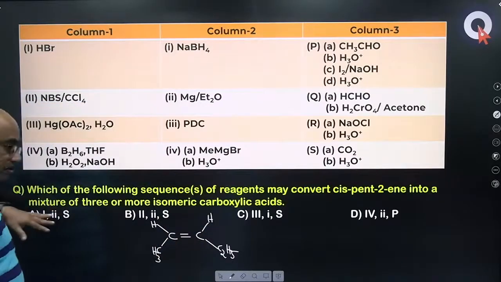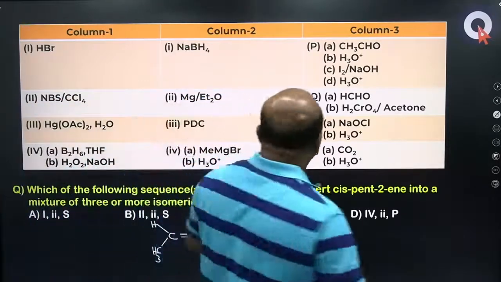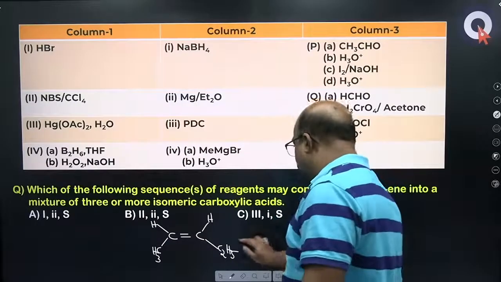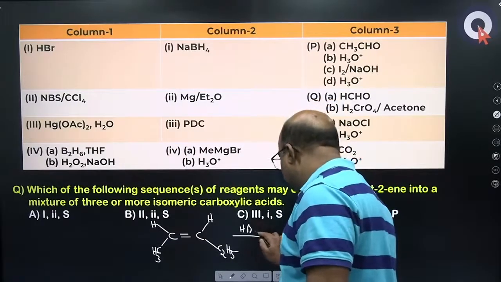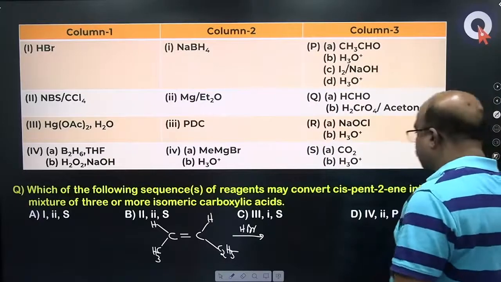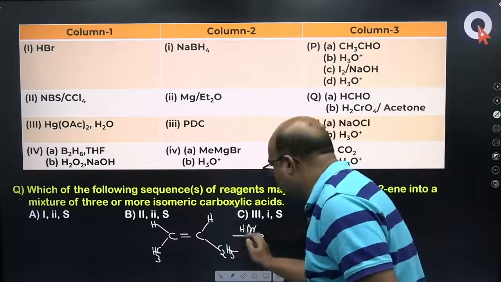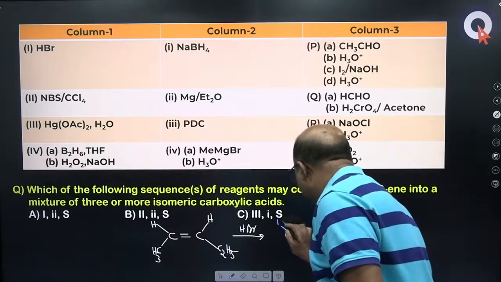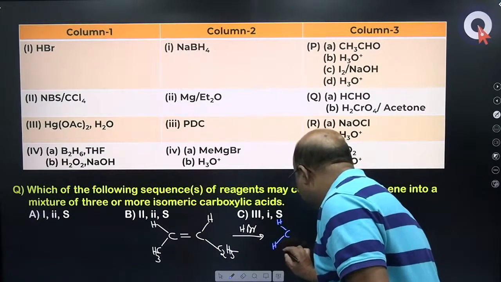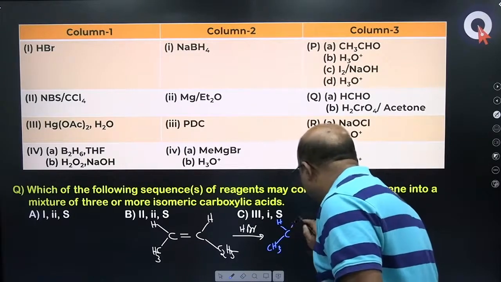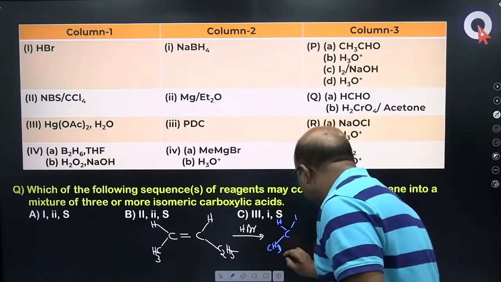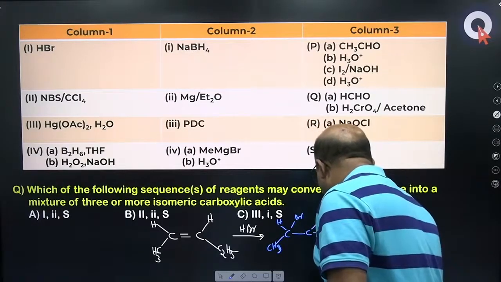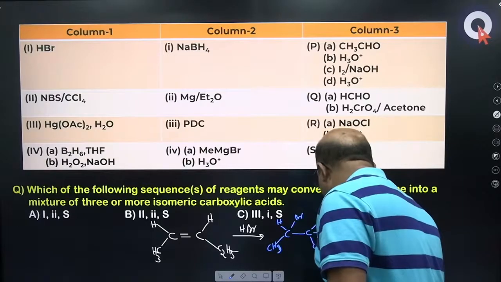First, taking these options. To take the first one, add HBr to this. Adding HBr to this, what will it give? The addition of HBr can happen here or here. So you will see CH3, H, Br may be here, C2H5.